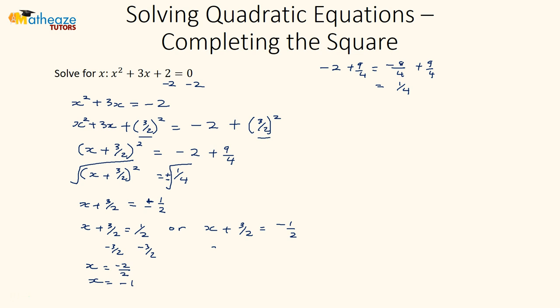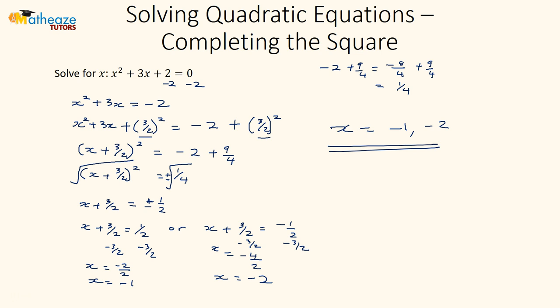In the other case, we subtract 3 over 2 from both sides, so x is equal to negative 4 over 2, so x is equal to negative 2. So this tells us that x is equal to negative 1, negative 2.